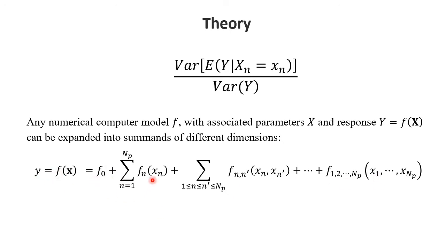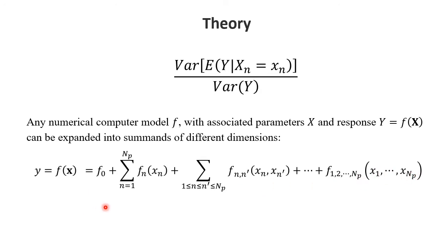We're not necessarily specifying what these functions are, but saying that this function can be written as a scalar plus a sum of functions that are each evaluated in one parameter. This would model essentially the effect of each individual parameter, plus, when you have interaction, some other function that includes two parameters, and so on, then a function that includes three parameters, until a function that includes all parameters.